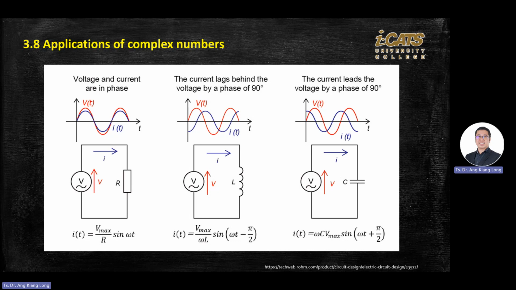If you pull this to here, you will see it is a half pi. This point to this point is half pi, then 1 pi, 2 pi, 3 pi. So if the blue color lags behind, it shifts half pi. If the current leads, you shift the I back a bit.